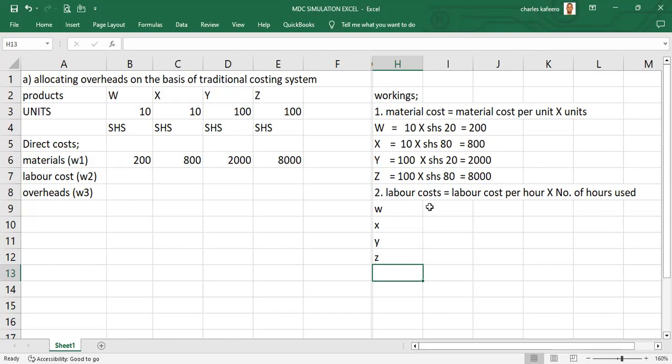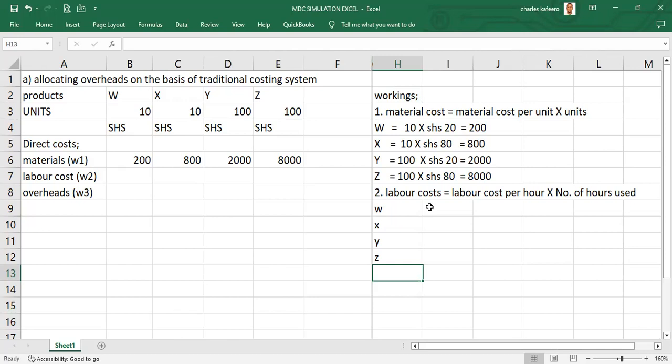Since they have given us that to produce 1 unit, let's say for product W, we need 1 hour for only 1 unit. But remember, we are computing for the output of 10 units. It means it will be the 1 times the 10 units.